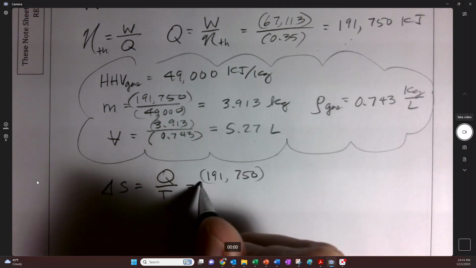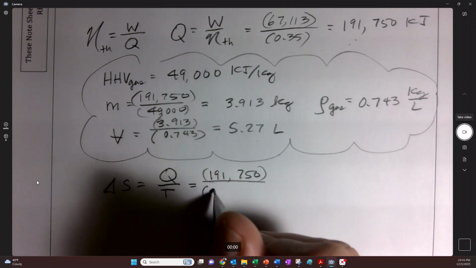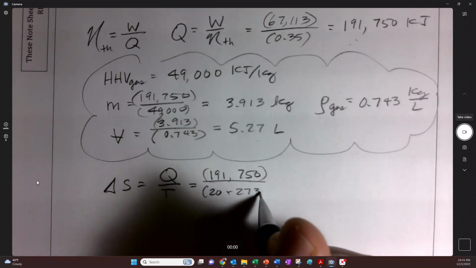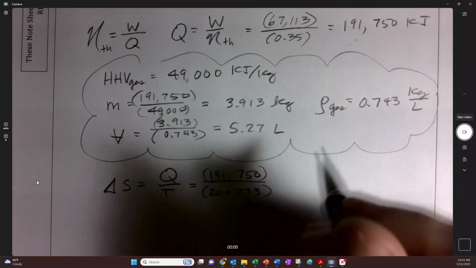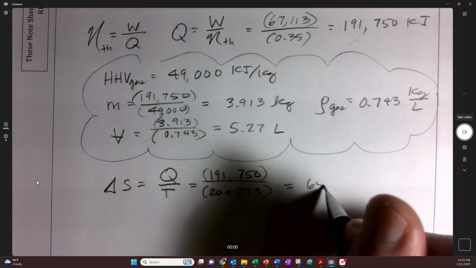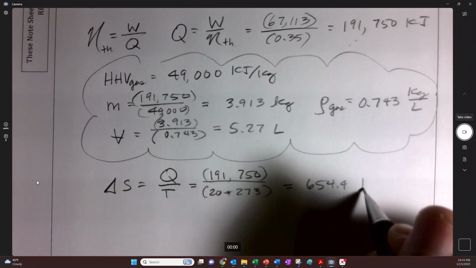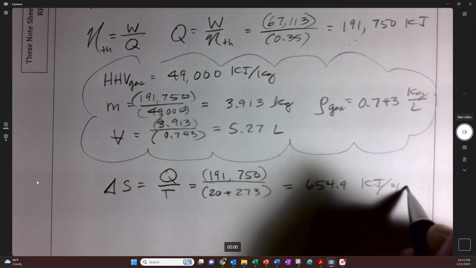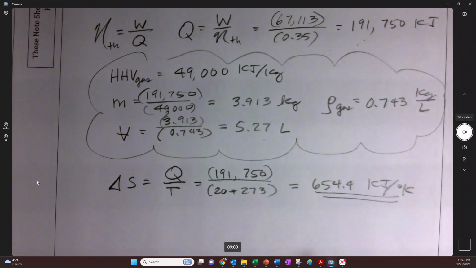So 191,750 over 20 plus 273, because remember, we have to put those into Kelvin. So we have 654.4 kilojoules per degree Kelvin is how much entropy.